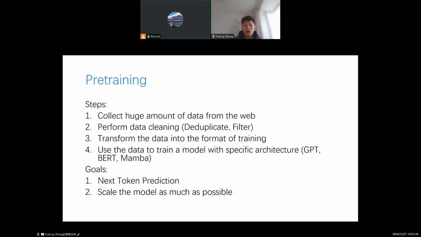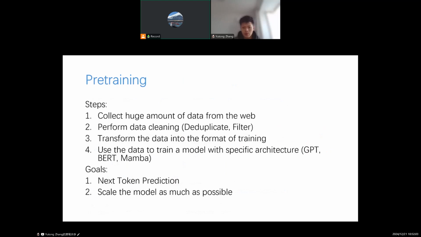In the first part, pre-training, I concluded four steps. First, we collect a huge amount of data from the web, which may consist of newspaper articles, classical novels, blogs other people wrote, posts from Reddit, or even just raw HTML.